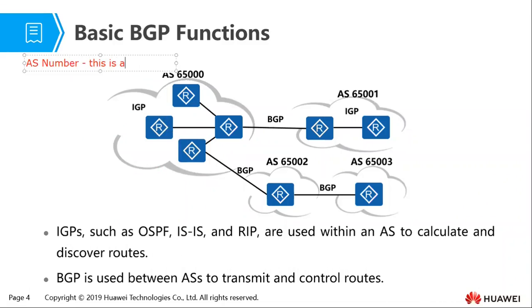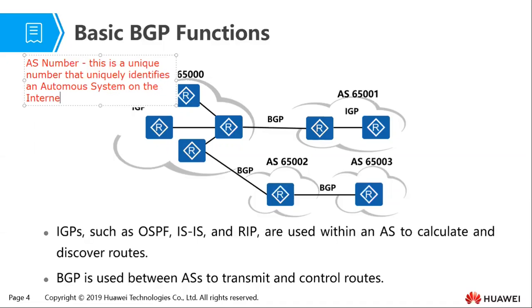So this is a unique number that uniquely identifies an autonomous system on the internet. Now, autonomous numbers, just like many other internet numbers, are managed and assigned by IANA, Internet Assigned Numbers Authority.